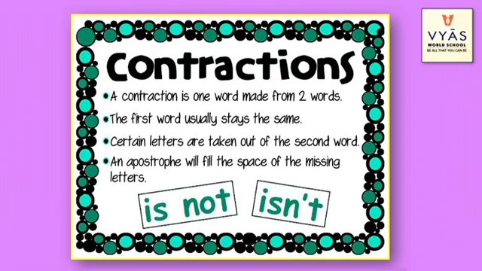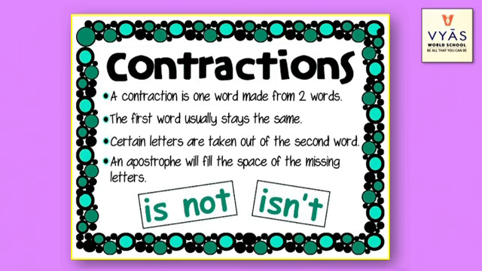So let us know more about contractions now. The first point that we have already studied is that a contraction is one word made from two words. Okay, so we join two words and we get a new word. The second point is that the first word usually stays the same. When we are writing the contraction of two words, the first one remains the same.